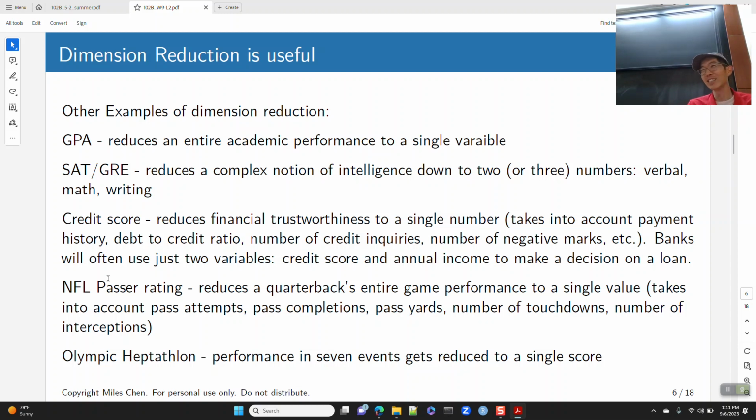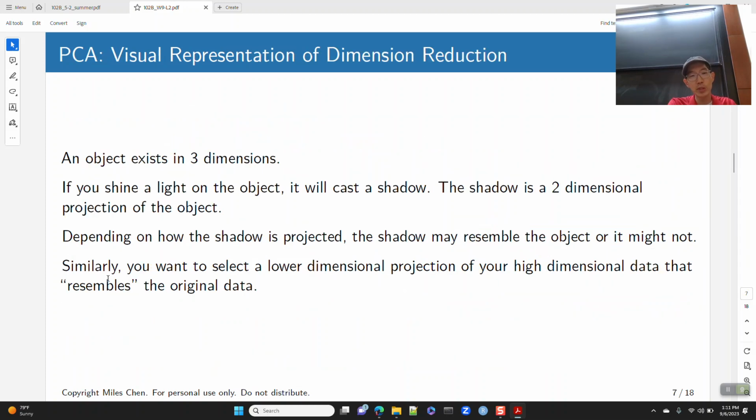There are throwing parts and running parts and jumping parts, so how do you combine that? These are all dimension reduction things, and those are all different aspects. One way we can do dimension reduction is PCA.